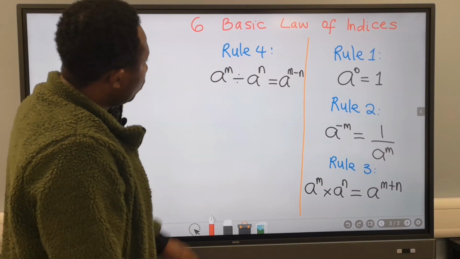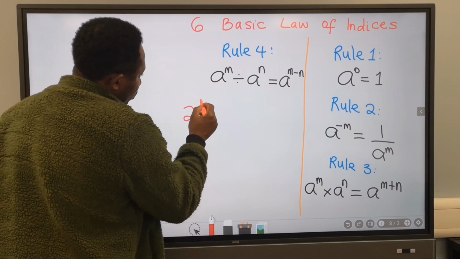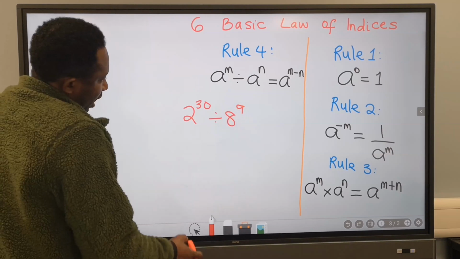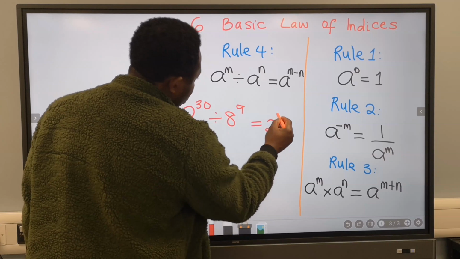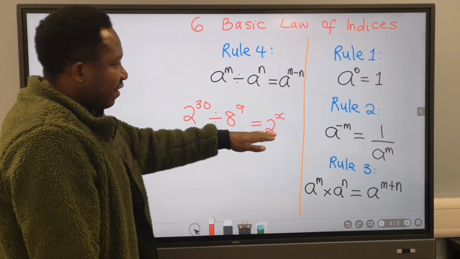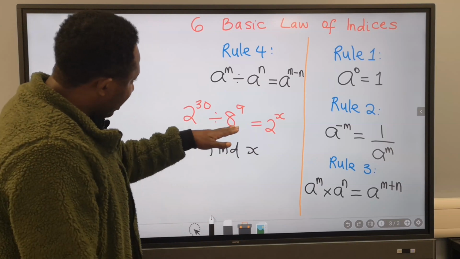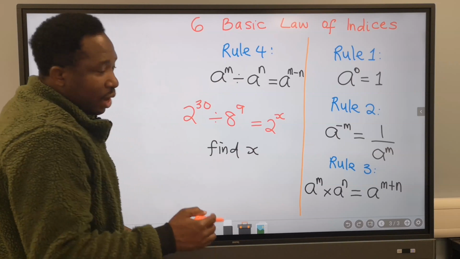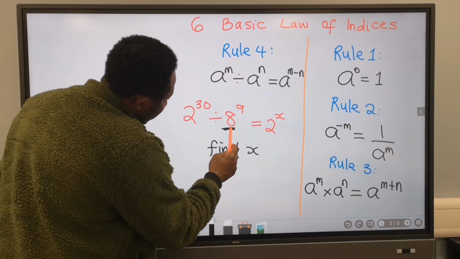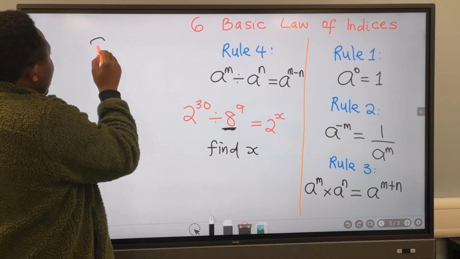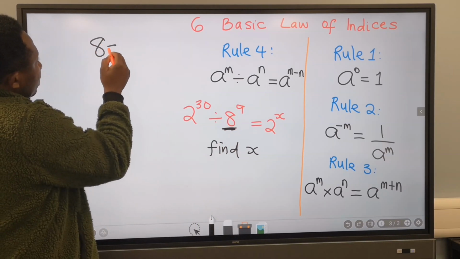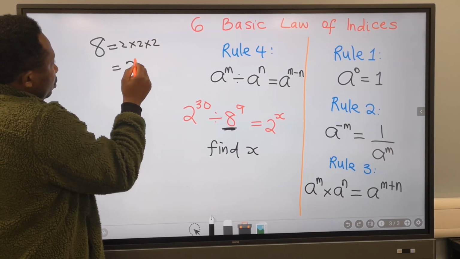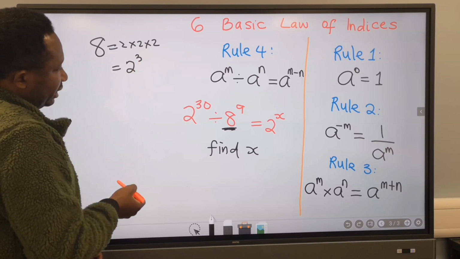Still on rule number 4. If I have 2 to the power of 30 dividing 8 to the power of 9, and on the other side it is 2 to the power of x. Let's find x. To find x here, we are going to apply on this side the fourth rule. To apply the fourth rule, you need to change this 8. 8 is the same thing as 2 times 2 times 2. That is, 2 to the power of 3 is the same thing as 8.